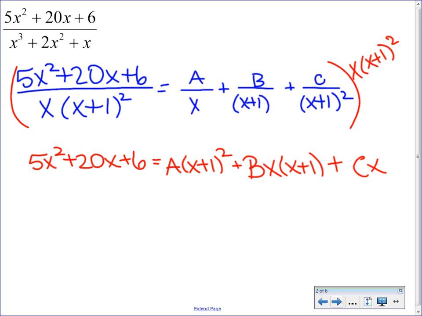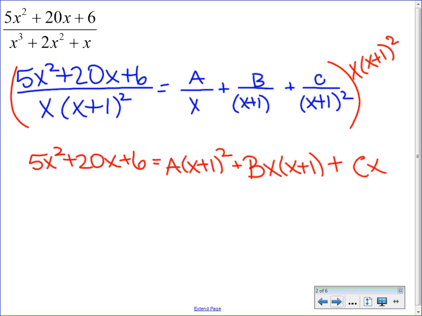Alright? Now, what we are going to do is strategically pick x values to plug in. We have an equation, so we know that both sides have to be equal. So, the nice x values to pick are the ones that are going to make our factors 0.